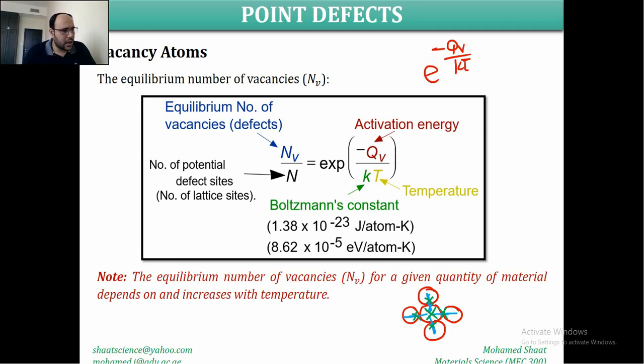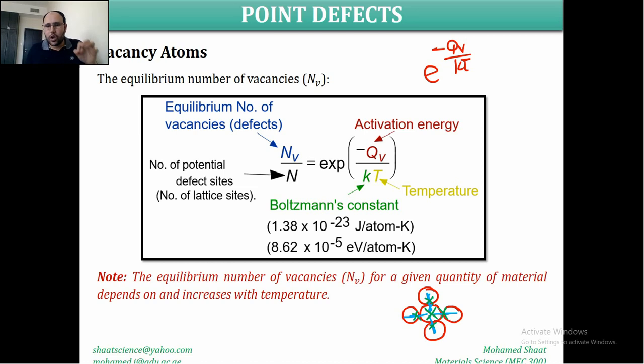Make sense? So simply, NV stands for the number of vacant atoms, how many vacant atoms would exist inside the material structure. N stands for the total number of atoms, assuming that we have a perfect material structure, with all atoms there. But anyway, there should be some vacant atoms, which is NV.